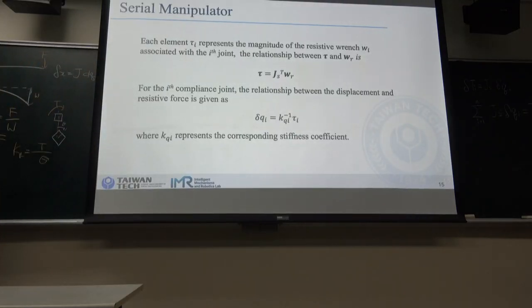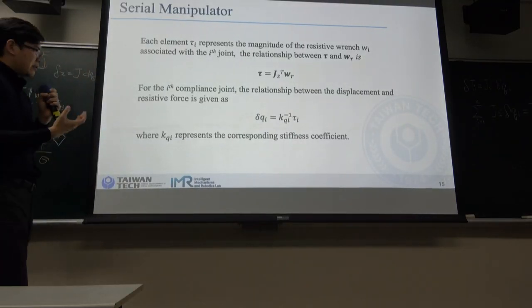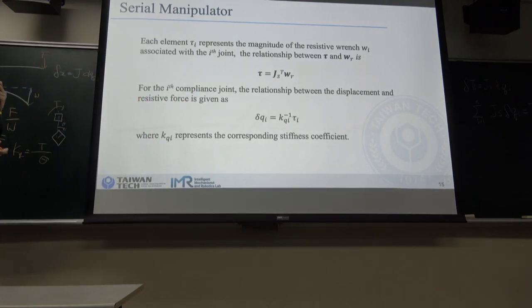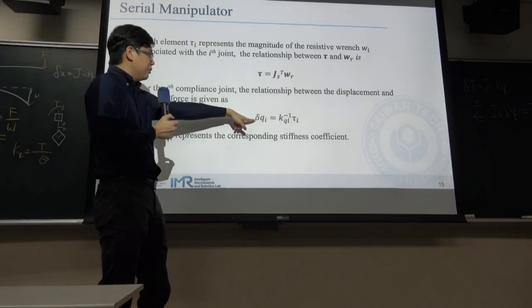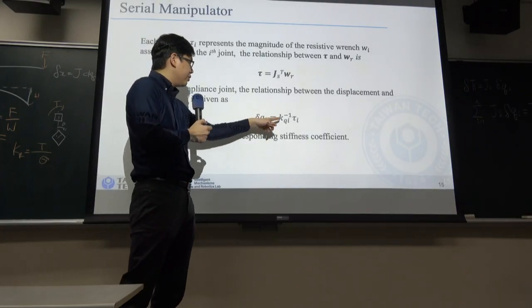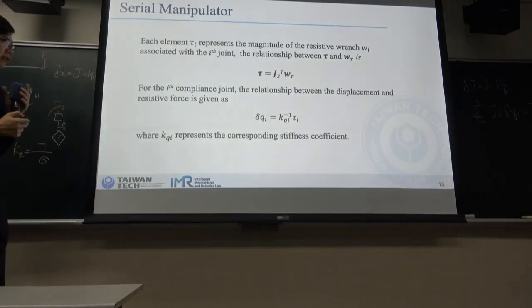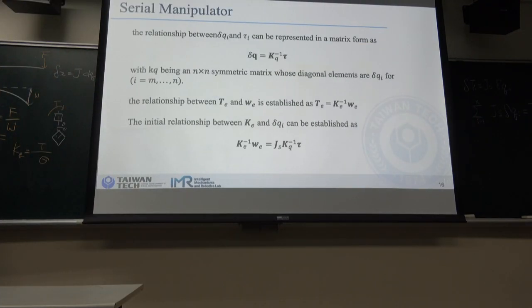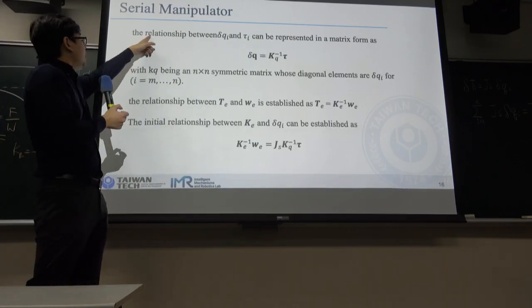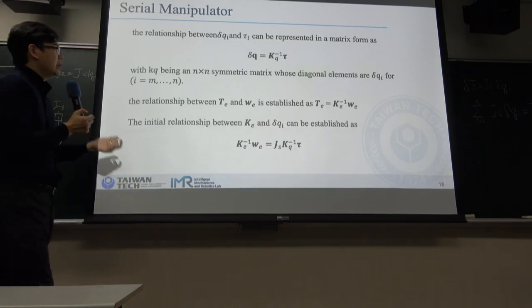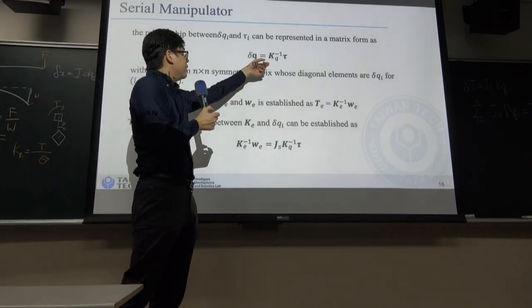For the ith compliant joint, because we have some compliant joints inside, the relationship between the displacement and the resistive force is delta Q equals K, the stiffness, inverted, times torque. And together, the relationship between Q and torque can be represented in matrix form.